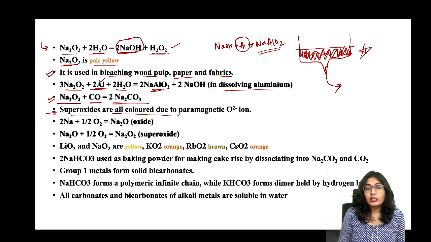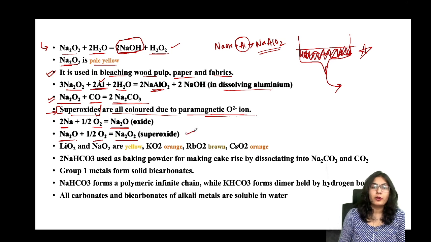Superoxides are all colored due to the paramagnetic O2 minus ion. So all of the superoxides are going to be colored. Now, sodium plus half O2 is going to give you a simple oxide, Na2O. Plus again half O2 gives you Na2O2. Superoxide. Okay. Sorry, this is peroxide. This is only peroxide.